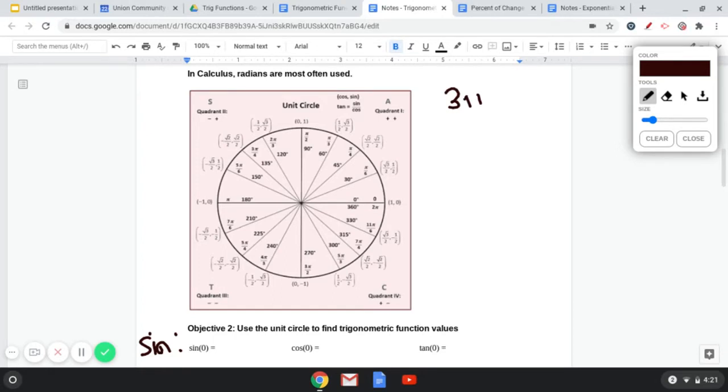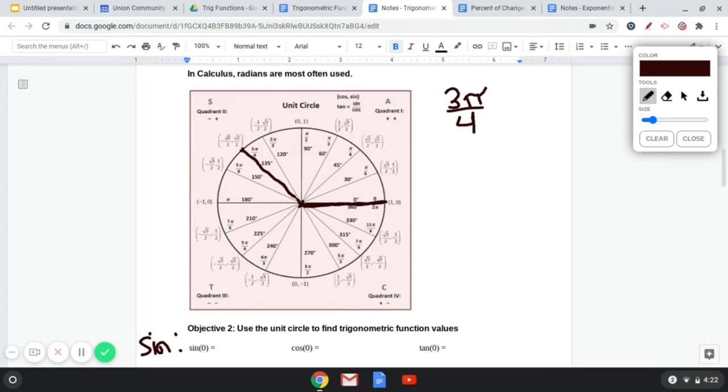So we're going to deal with 3 pi over 4, which is this angle right here, this 135 degrees. Also, another thing I should have said is our angles are all building off of this line right here. So 0, 30, 45, 60, 90, right angle. And then we just keep going around the circle.